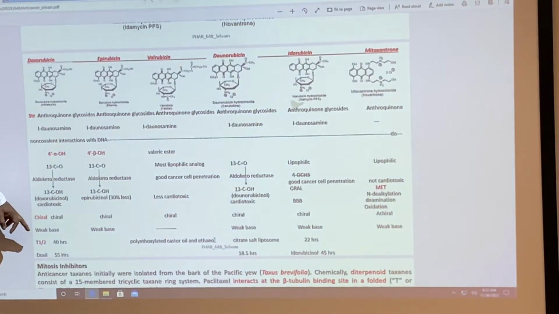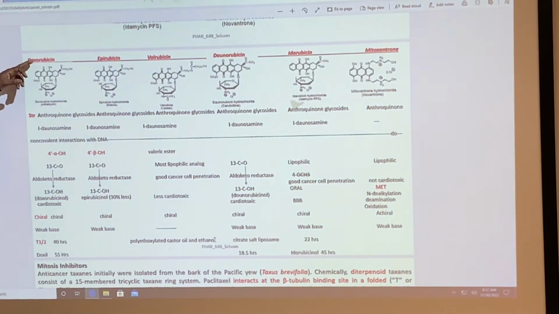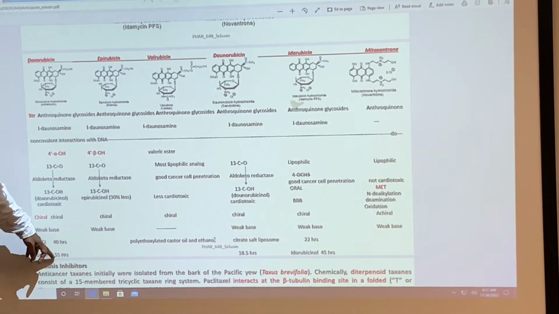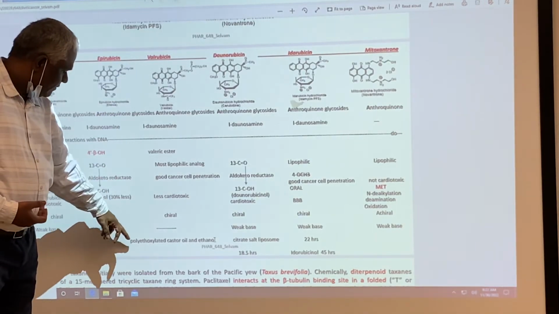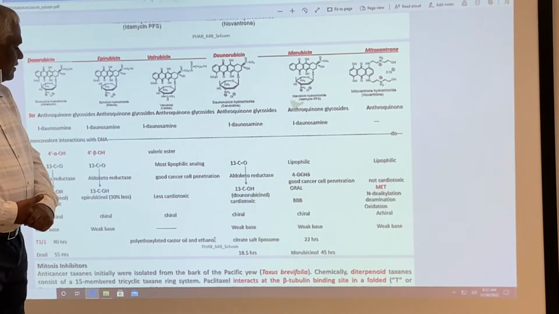Doxorubicin's half-life is 40 hours, and we have a liposomal formulation for doxorubicin that is called Doxil. The half-life for the liposomal formulation is 55 hours. And this is available as polyethoxylated castor oil with ethanol.